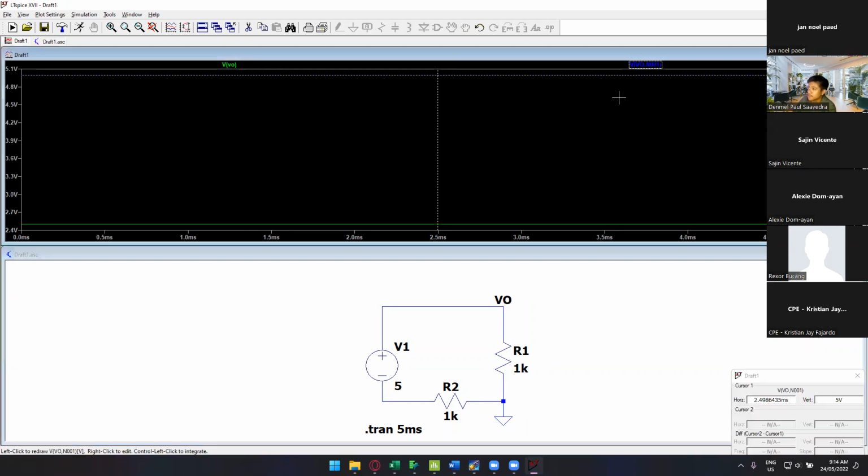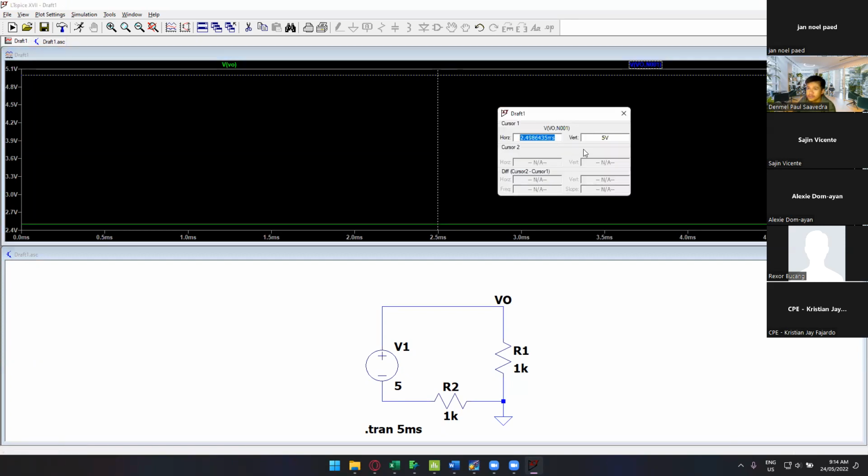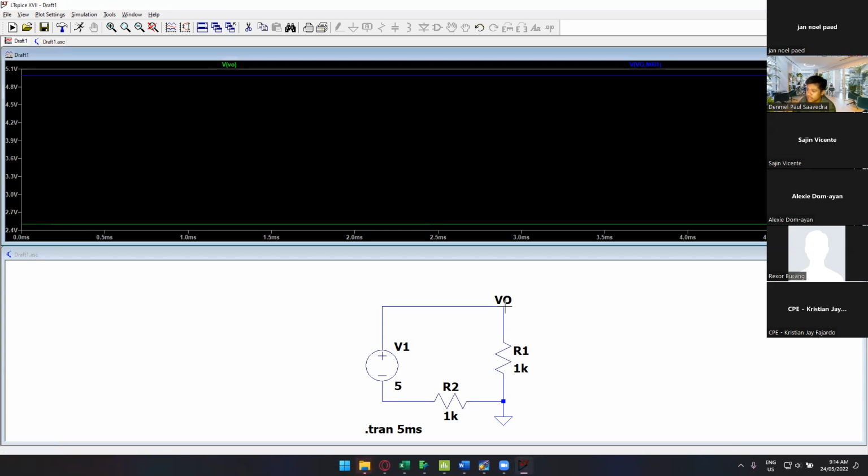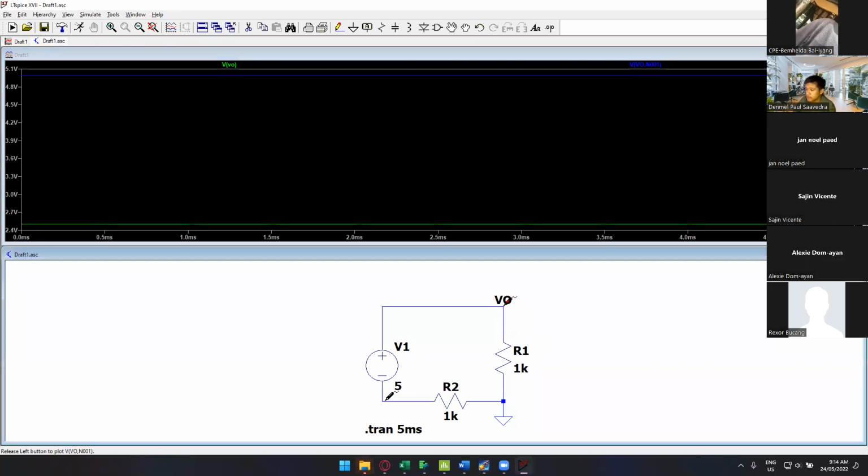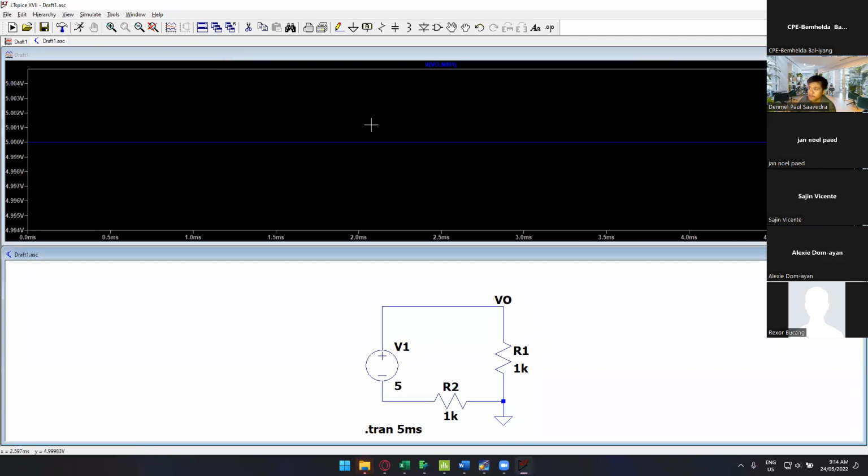At this point we have 4.9. It's actually 5 volts also. The voltage across, not the voltage drop, from this point up to this point. So we have here our 5 volts.